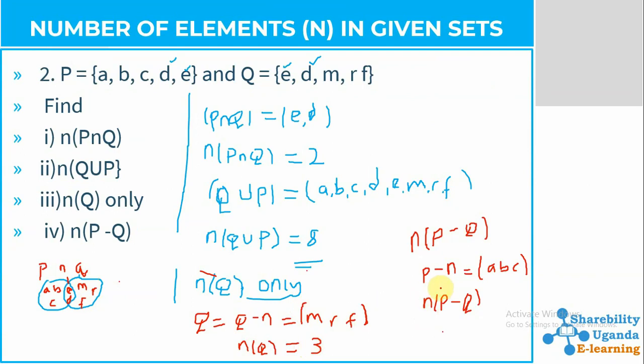Also here the members of Q minus P are also equal to 3. So number of Q minus P, we shall come up with 3. All right, so this is how we can derive the answer when you have been asked questions of that kind. They are as simple as that.